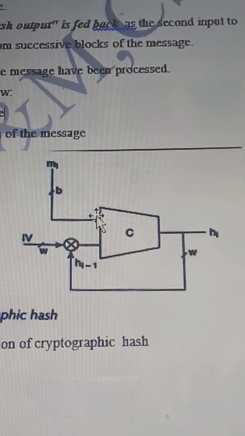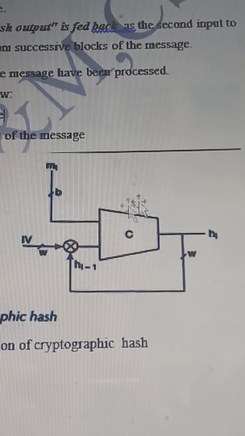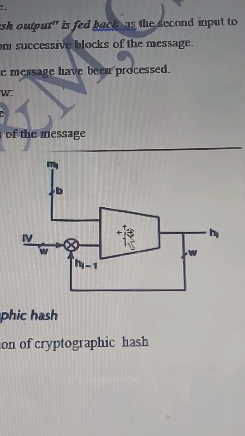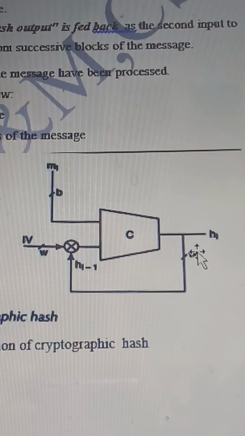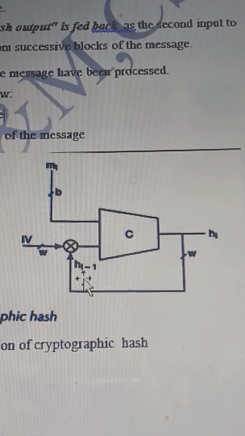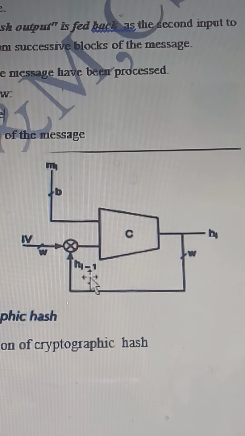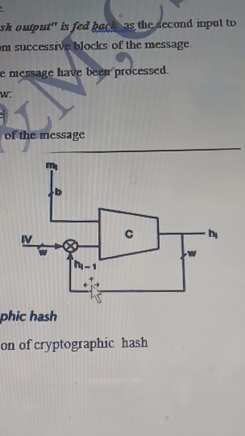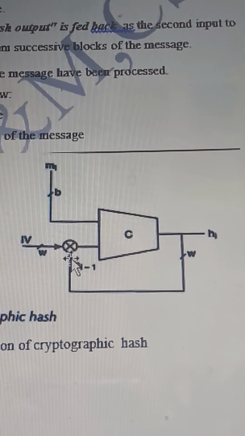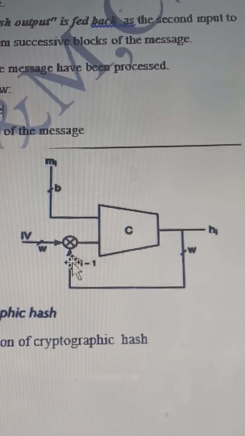And for the subsequent iterations, we can represent it as Hi equals C of Hi minus 1 comma Mi, because the Hi minus 1, as we have shown here, from the second iteration will be given as input to the second input of the compression box.